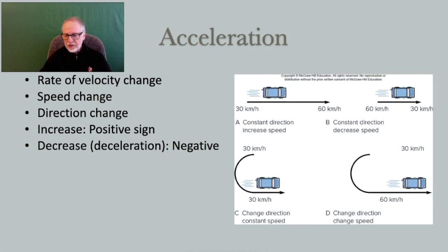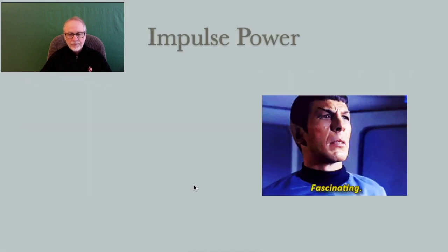All right, and so here are some examples of those changes: the car going from 30 to 60 kilometers per hour would be a positive acceleration. Going from 60 to 30 kilometers per hour would be a negative acceleration. And of course, we also talked about change in direction as well, corresponding to acceleration in the strict sense.